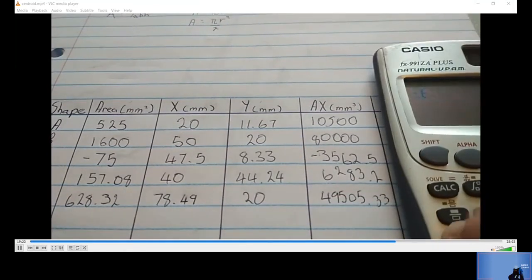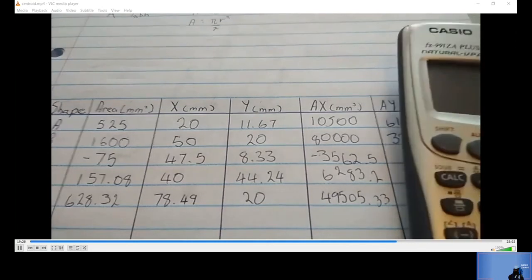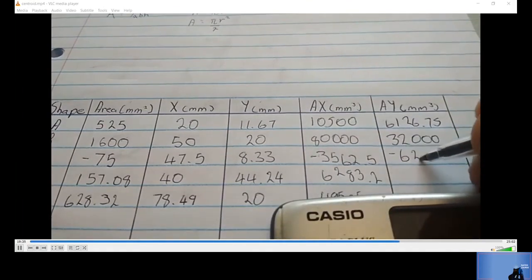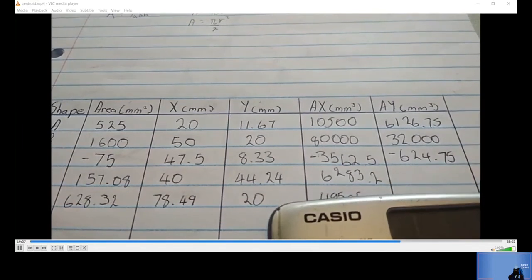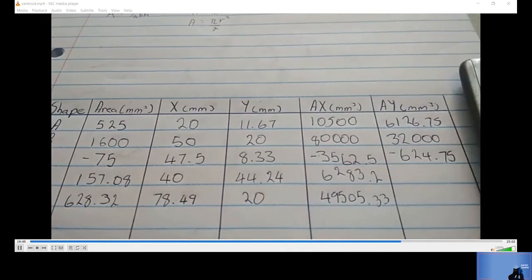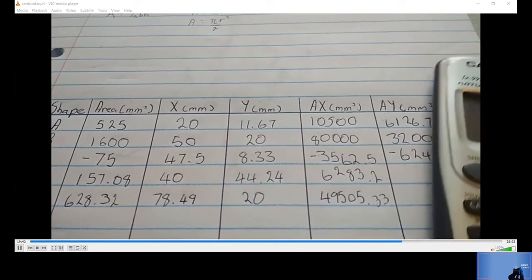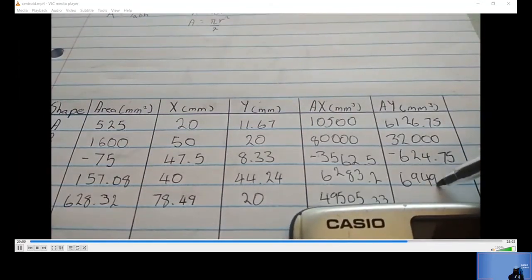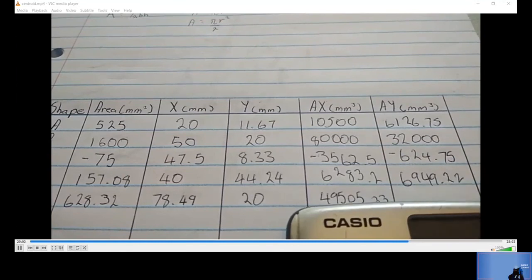The next one is minus 75 times 8.33, minus 624.75. The next one is 157.08 times 44.24. Get 6949.22.